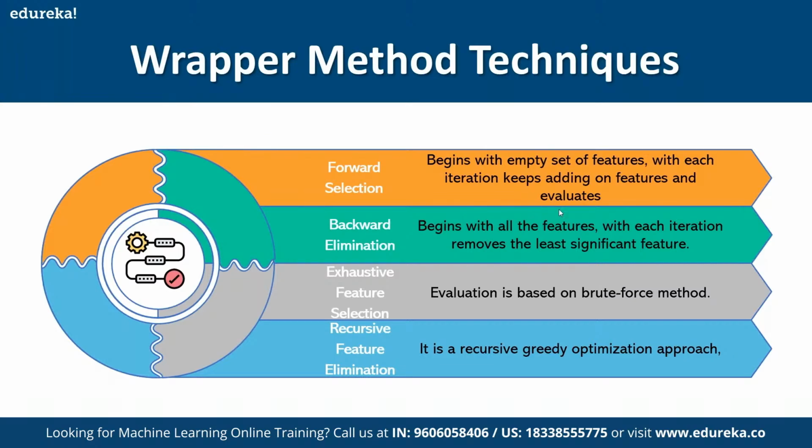Backward elimination begins with all the features and with each iteration removes the least significant feature. We perform the evaluation on the basis of the brute force method in exhaustive feature selection. And recursive feature elimination is a recursive greedy optimization approach.